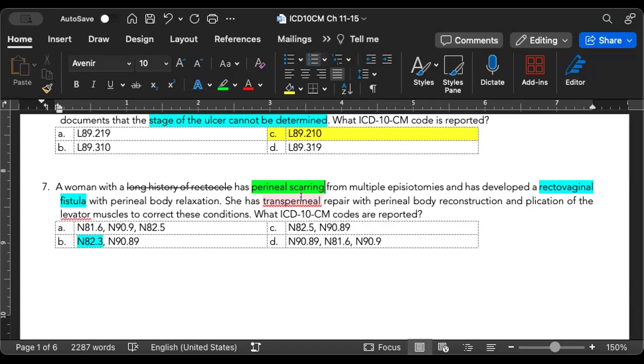Anybody have any guesses of what our term would be that we would use, since perineal or perineum is not an option underneath the main term scar?